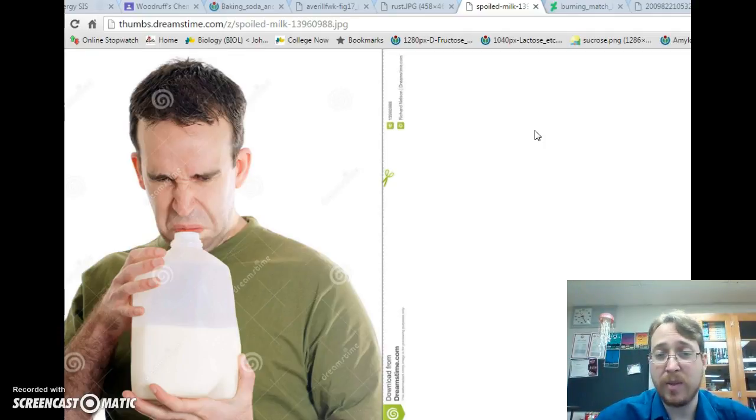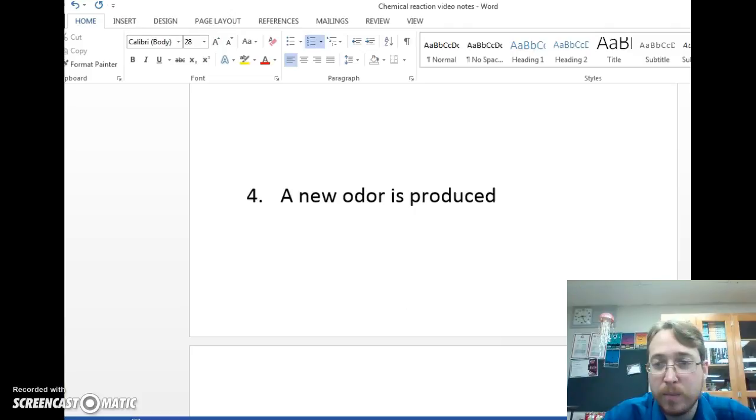Some bacteria got in there and started eating up that milk and making a byproduct that does not smell good. So we know that we can't drink the chemicals in that milk anymore, because there have been chemical reactions that make chemicals that we don't want in our body. So thank you, nose, for keeping us aware of the chemical reactions that are bad for us.